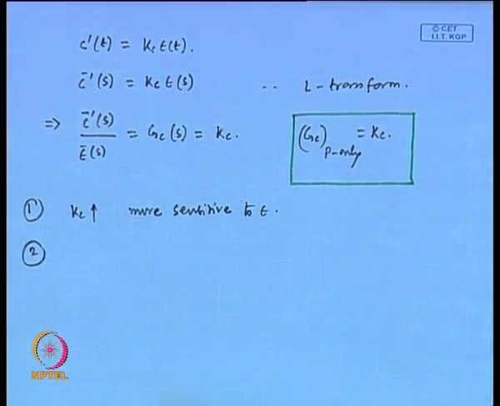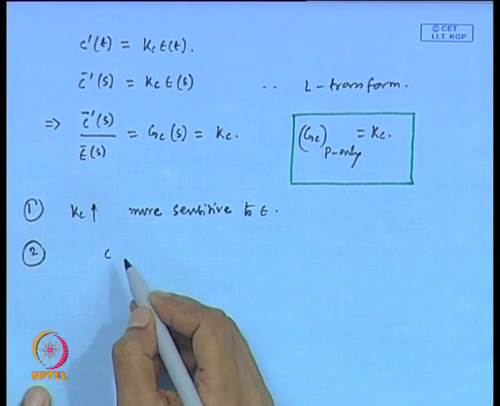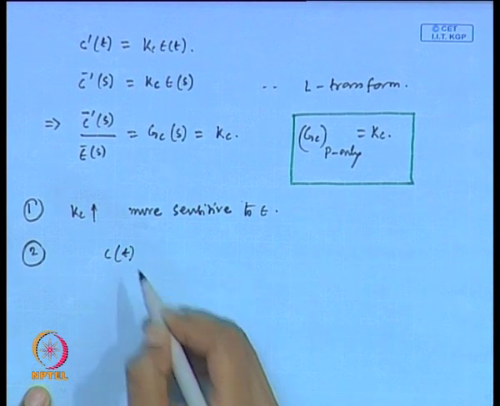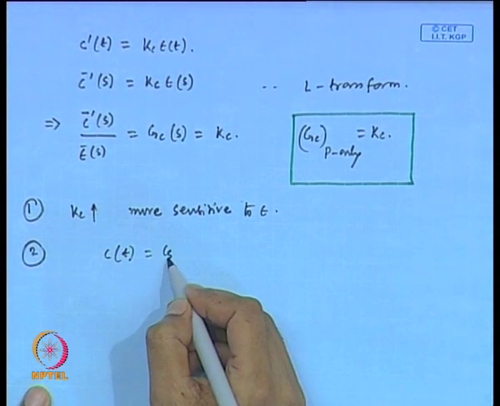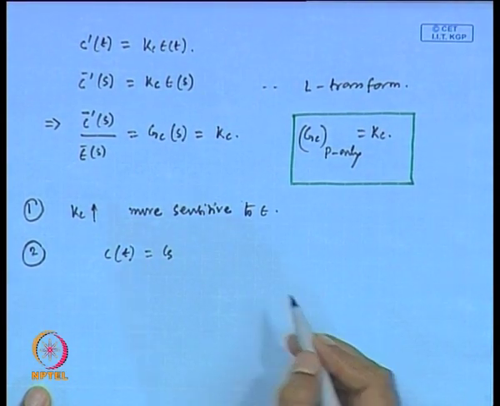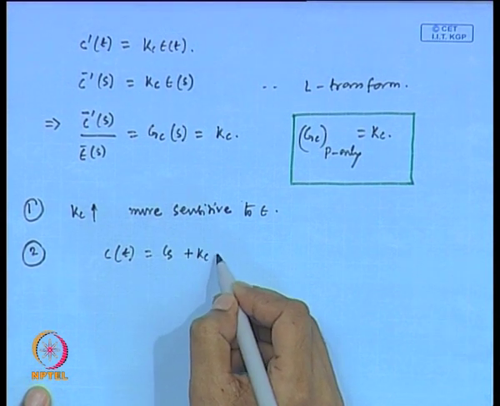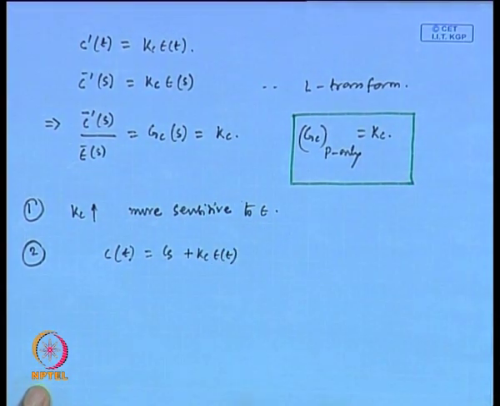Now, we want to see the behavior of the P only controller, how the controller behaves, and we want to represent that graphically. So, remember the controller equation, that is C(t) equals Cs plus Kc epsilon(t). This is the P only controller equation in time domain.